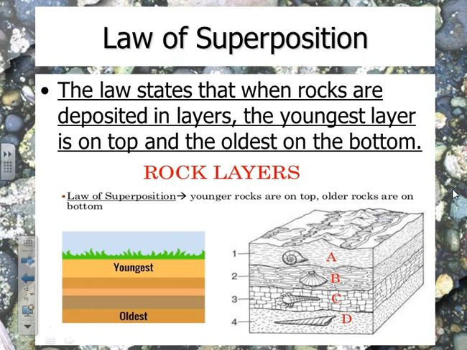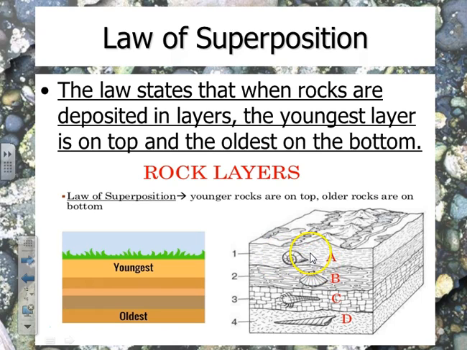Okay, so that, in geology, can relate to rocks, that can relate to soil. Down here, as it relates to soil, you can see the younger soil is at the top, the older soil is at the bottom. Over here in this cross section of rock, there are fossils.